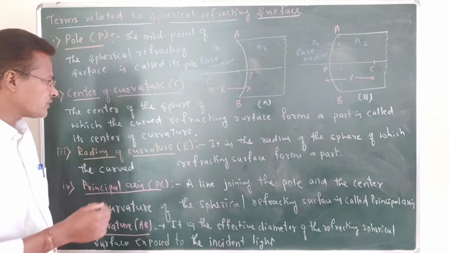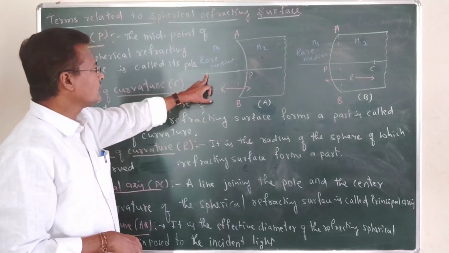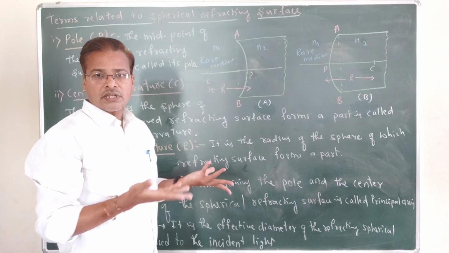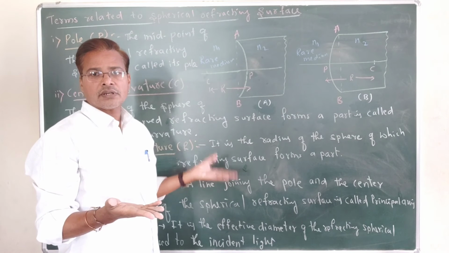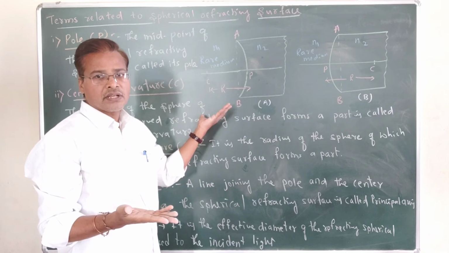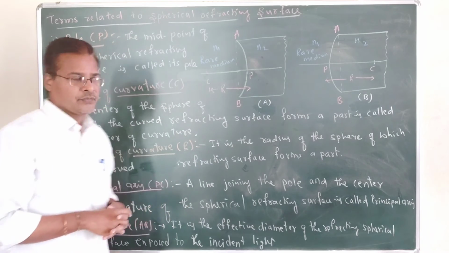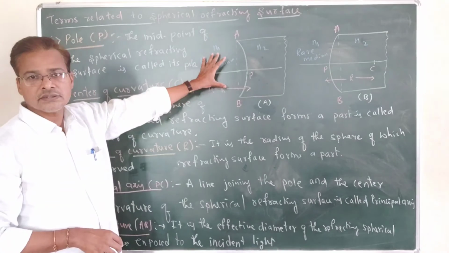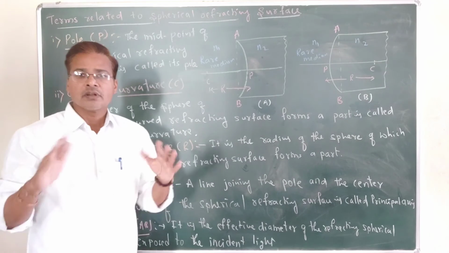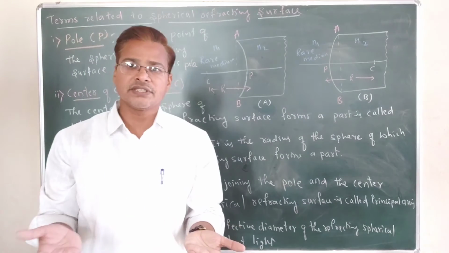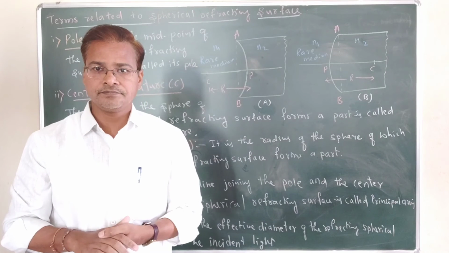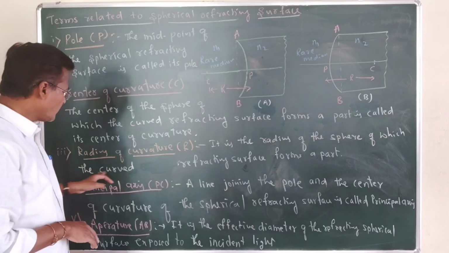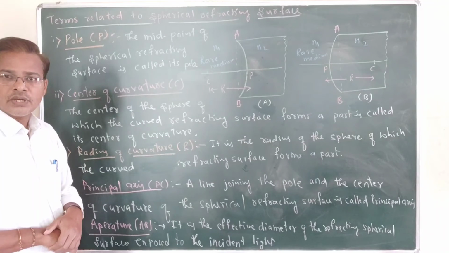The center here is the center of the sphere, and the radius is the radius of that same sphere. This spherical surface is a part of the sphere, which is why we say the curved refracting surface forms a part.